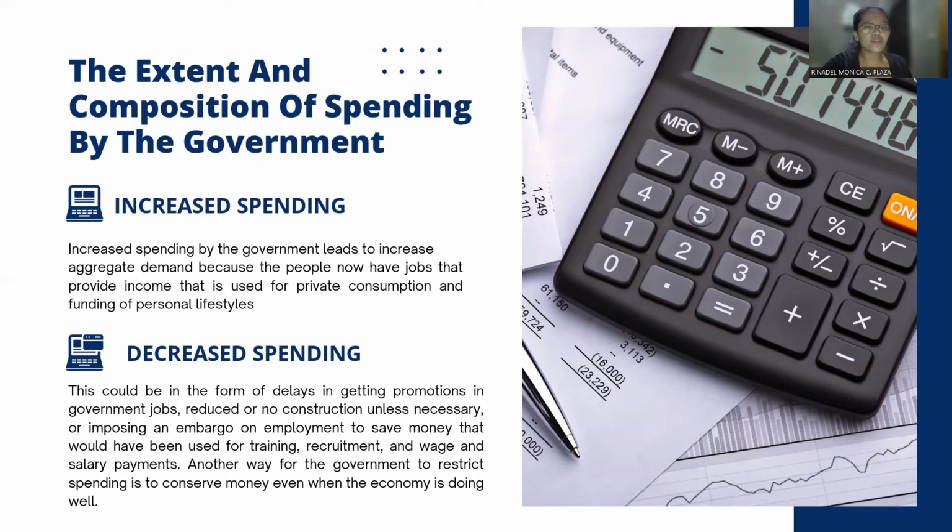Another way for the government to restrict spending is to conserve money when income is doing well, to have funds during an emergency crisis or to allocate to a future project. Decreasing spending usually occurs when there is inflation.